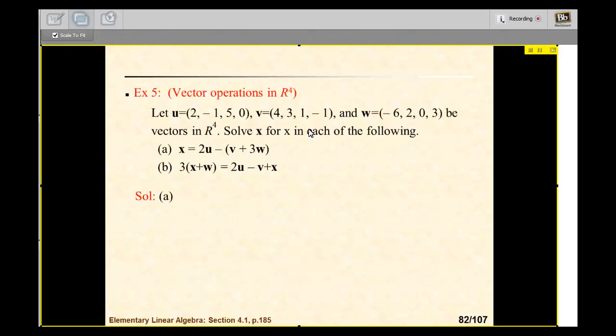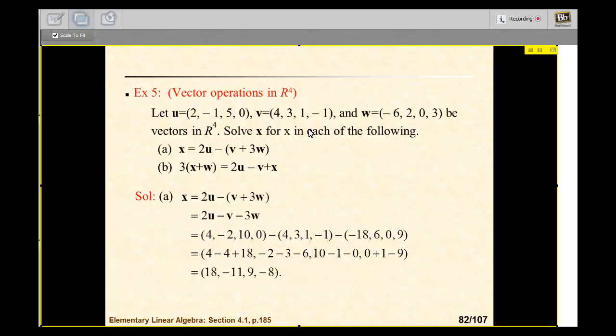So here two questions are given. They say that if we have three vectors u, v, and w, we have to solve these vectors and find the value of x. So when you find the value of x, you just put the values of u, v, and w. So you will get x is equal to 2u minus v plus 3w.